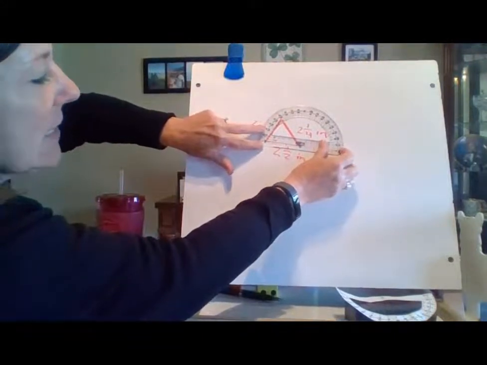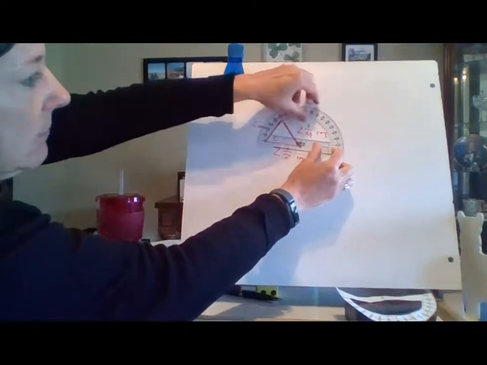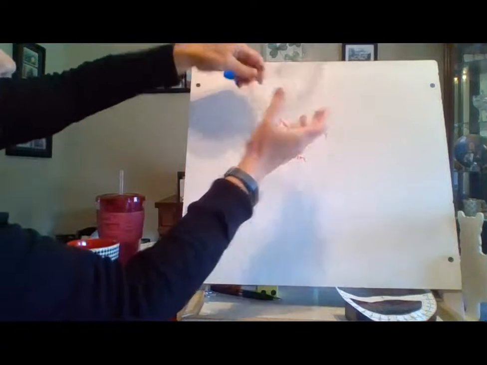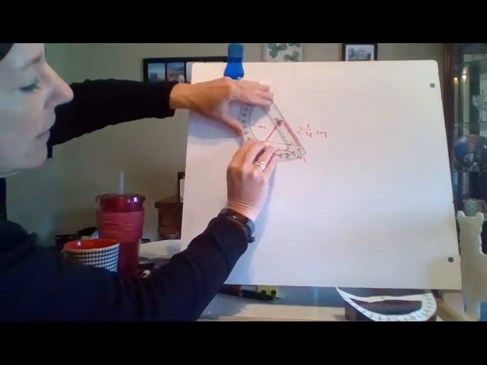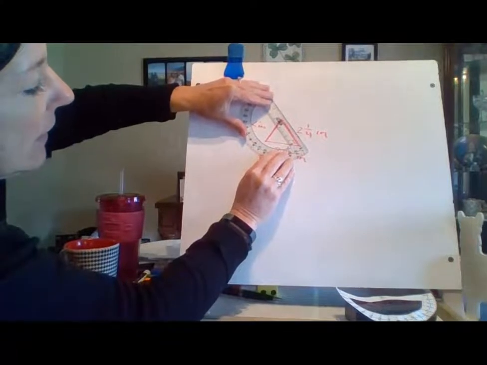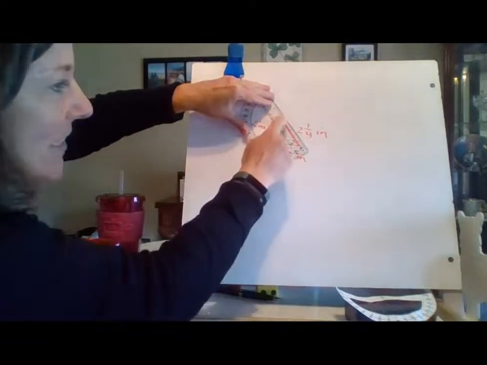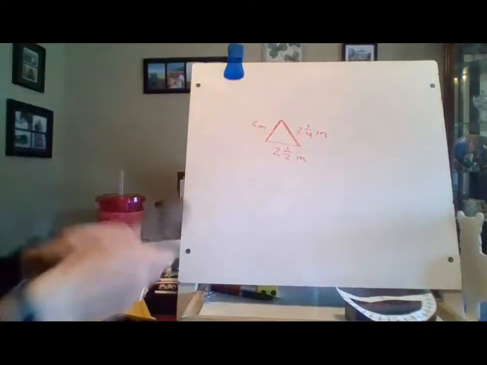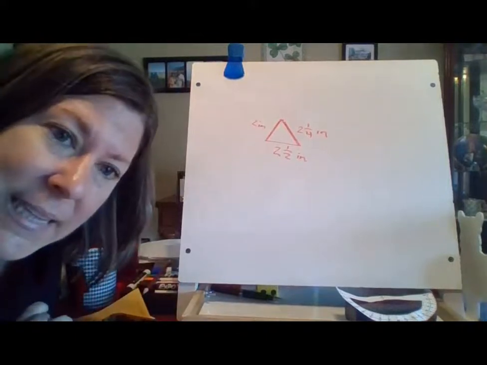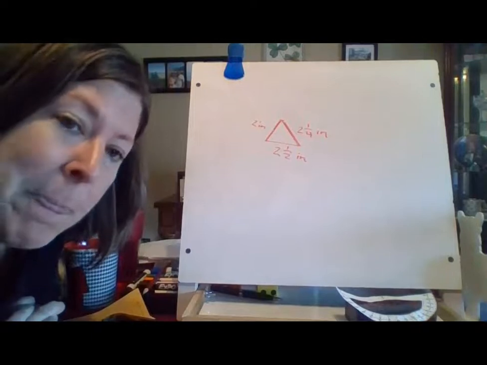This angle on this side is about 50. And then, believe it or not, this angle here, this top one, is 70. So I've got my scalene triangle with 3 acute angles.